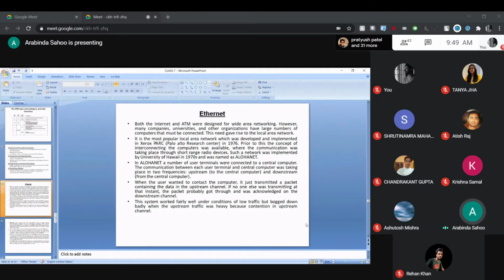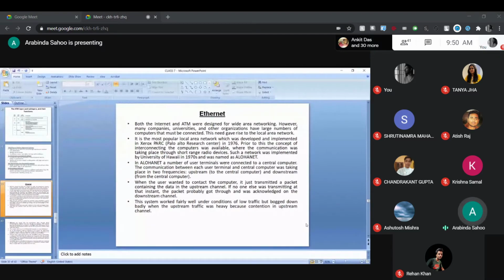The normal computer sends on the upstream frequency to the central computer, and the central computer replies back with the help of another frequency, known as the downstream frequency. So Aloha net uses two types of frequencies: the upstream frequency, that is to the central computer, and the downstream frequency, that is from the central computer.